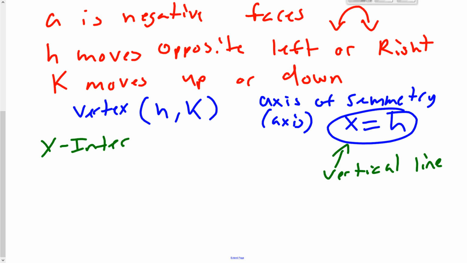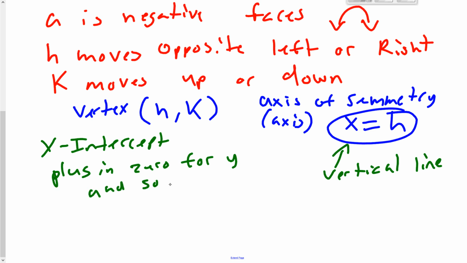To find that x-intercept, you would plug in 0 for y and solve for x. That would be a lot more complicated, and it would give you a point, some number for x and 0 for y, and you could put that on your x-axis.